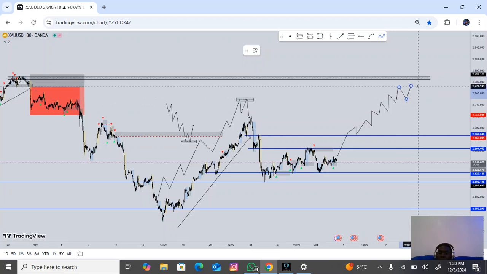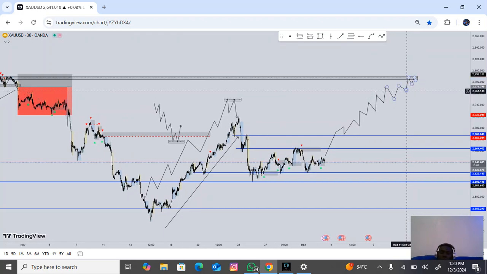And when price gets to this zone right here, you should be waiting for an M pattern or a double top. Immediately you see something like this, maybe price is right here now, already trying to reject that zone, showing you that maybe it's trying to move downward.